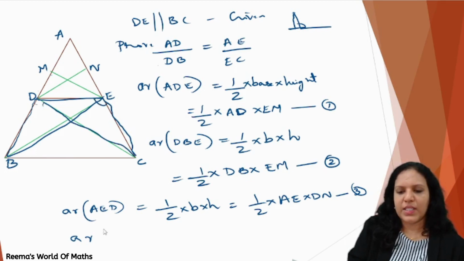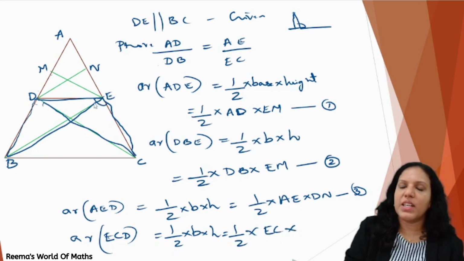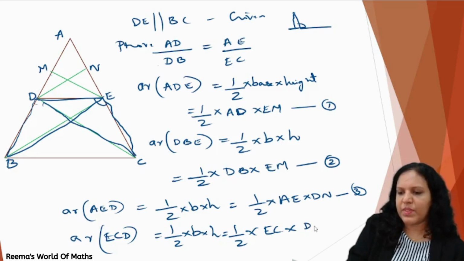So the area of triangle ECD will be equal to half into base into height, which is half into base, which is here EC, and height, again, because it is an obtuse triangle, we need to take the height as EM. No, so that will be height as DN. And this is the fourth equation.